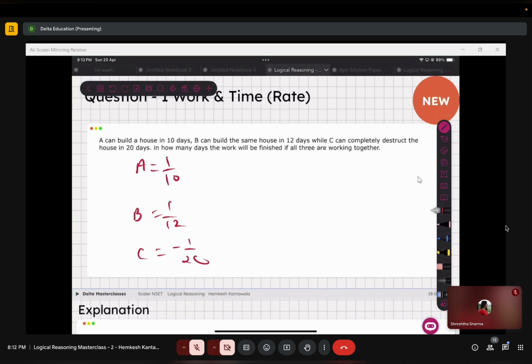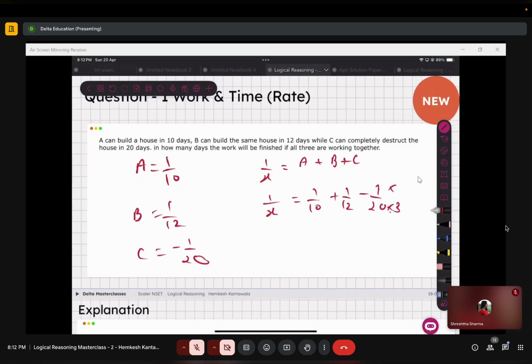The time would be the number of days, so I can take it as 1 by x. So 1 by x equals the rate of A plus B plus C. Correct. Then I solve this and get the value of x, which is the time. If we solve this, the LCM would be 60.